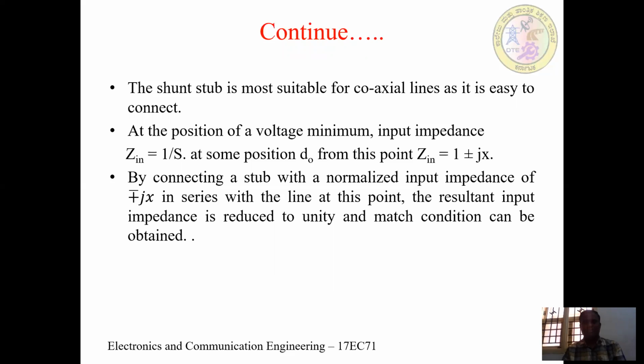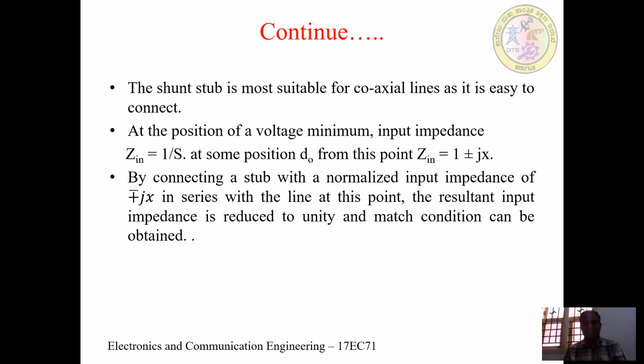The shunt stub is most suitable for coaxial line as it is easy to connect. Especially for the coaxial line, we connect the shunt type of stub. At the position of voltage minimum, the normalized impedance Zn is equal to 1 by S. At some position D naught, Zn is equal to 1 plus or minus jX.